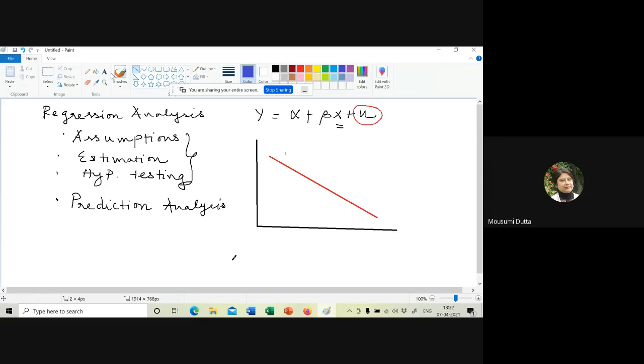However, when really we are collecting data, we are getting this kind of observations. Okay, and or this gap or this gap.